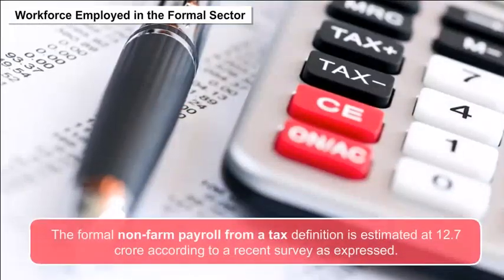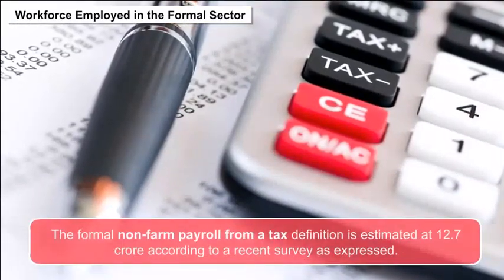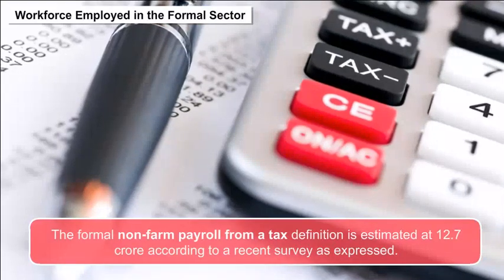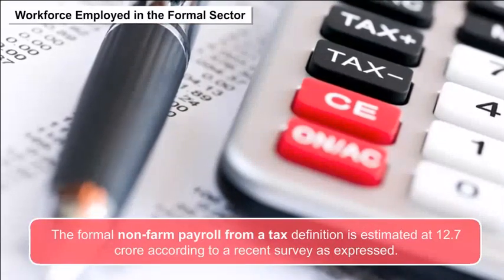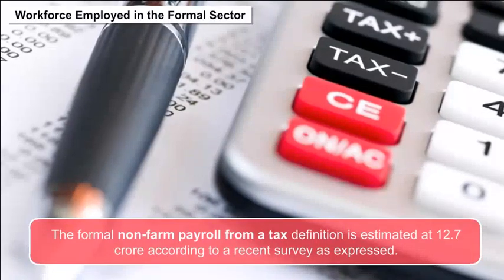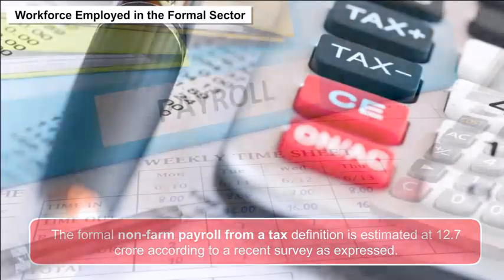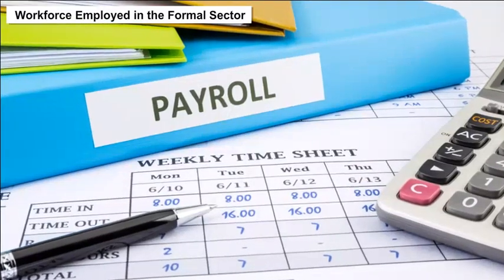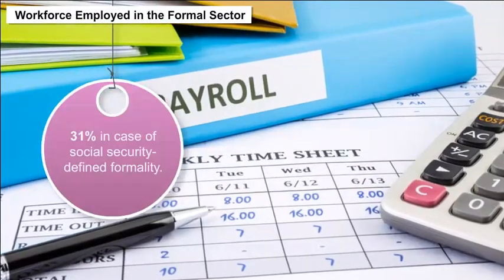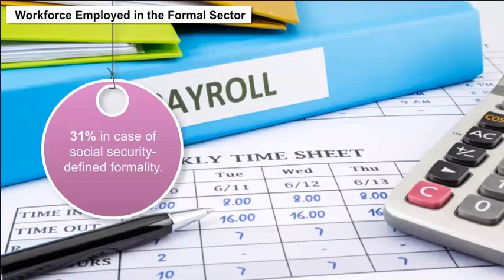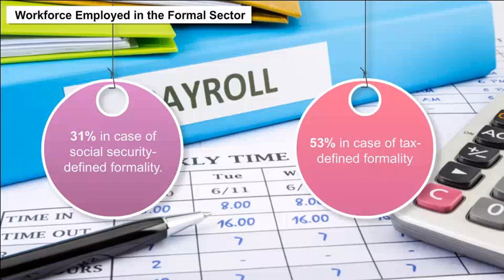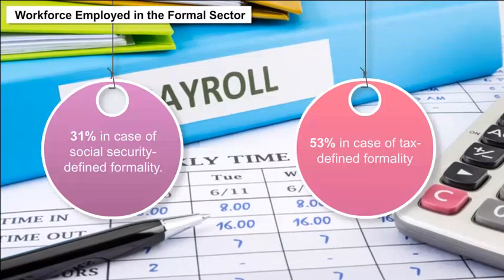The formal non-farm payroll from a tax definition is estimated at 12.7 crore, according to a recent survey. These estimates are for formal non-farm payroll, ranging from 31% in the case of social security defined formality to 53% in the case of tax-defined formality.